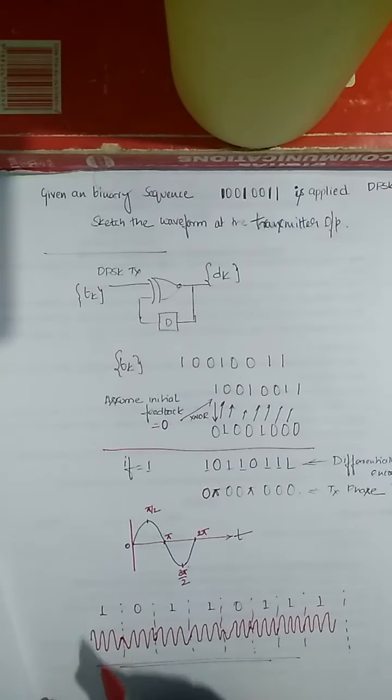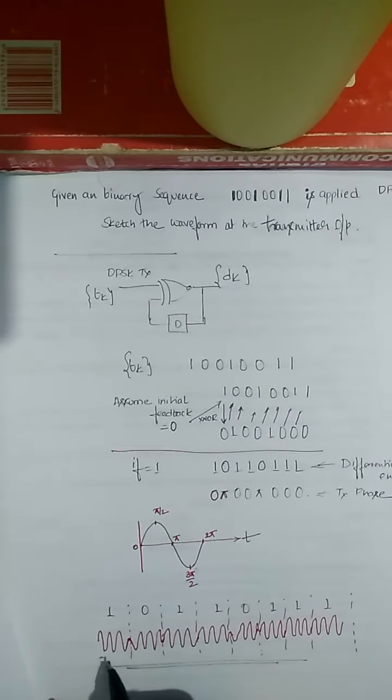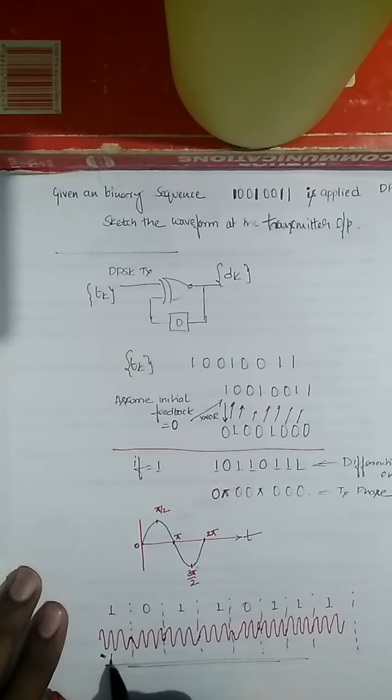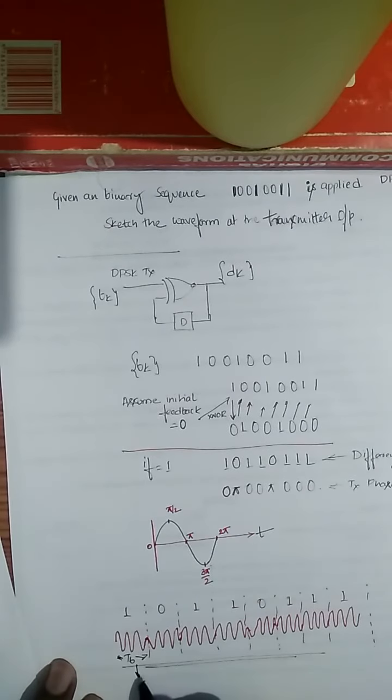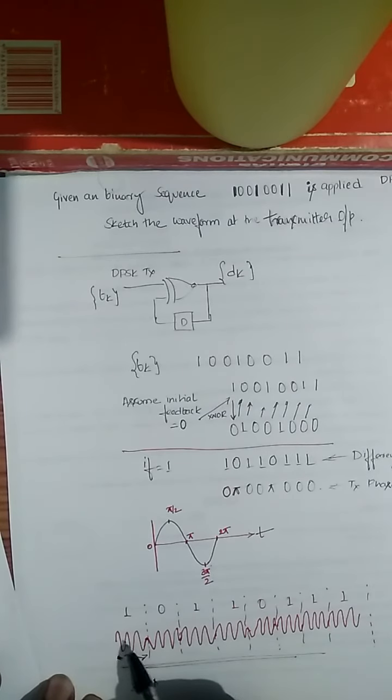For every bit period, this is a bit period TB, so this corresponds to 1 bit period TB. Likewise 1 TB, 2 TB, 3 TB and so on. What I have done is for every TB I have taken 3 cycles. This is the 1st cycle, this is the 2nd cycle, and this is the 3rd cycle.